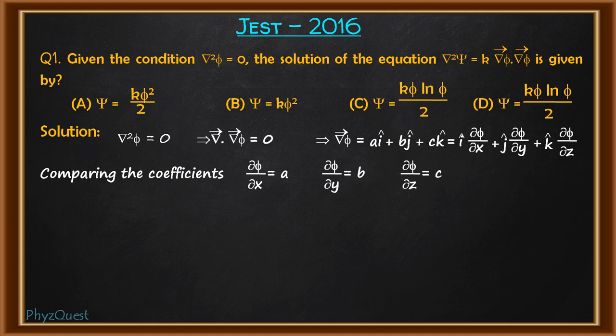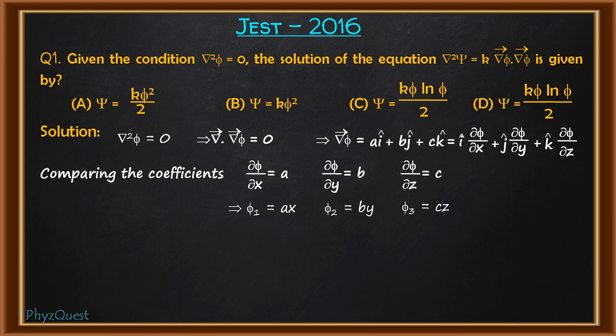If we integrate, suppose del phi is equal to a del x. Integrating both sides, you will get one component of phi. Similarly, this is another component, and similarly this is another component. So phi 1 is equal to ax, phi 2 is equal to by, and phi 3 is equal to cz.